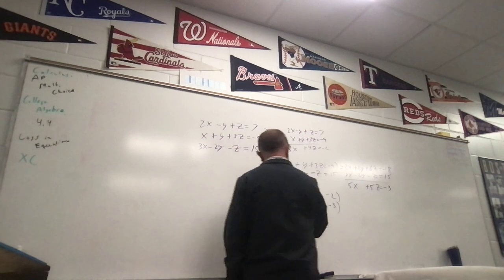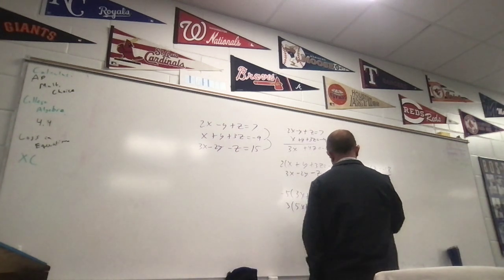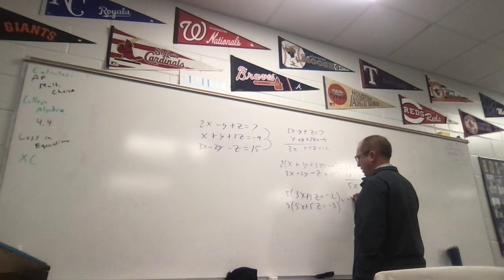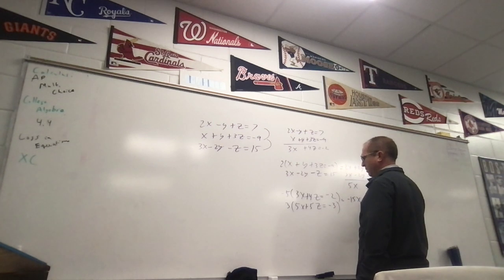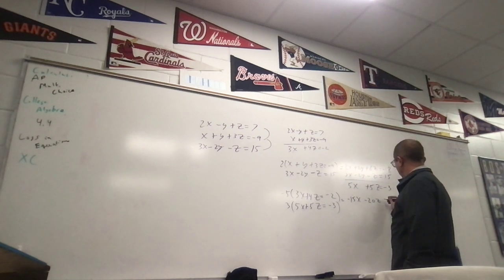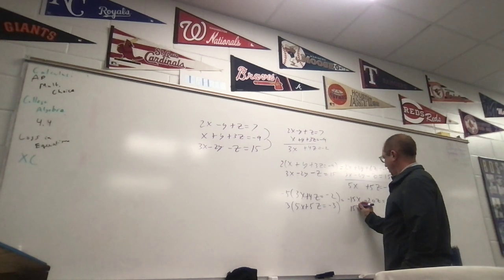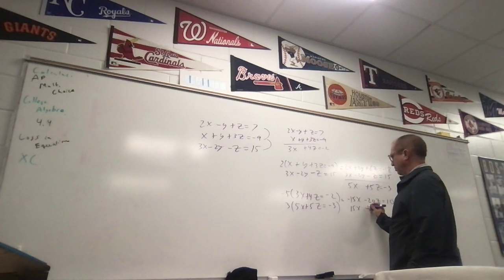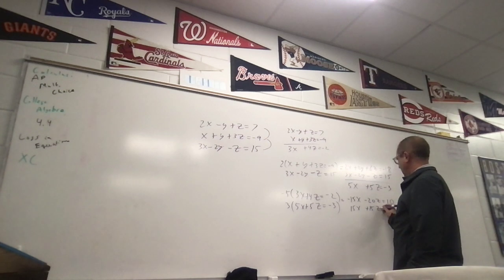Very good. So I get -15x minus 20z equals 10, and 15x plus 15z equals -9.